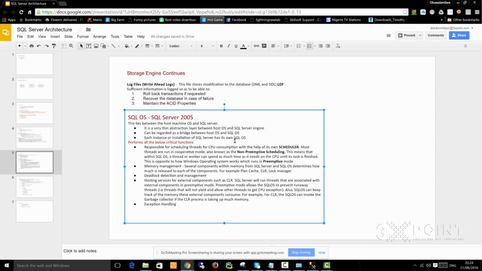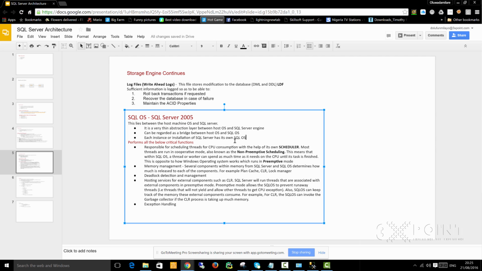So SQL Server has its own operating system. All right, we know what an operating system is, like we have Windows Server or a Linux operating system. The operating system manages all the threads and all the activities going on the system. Similarly, SQL Server has its own operating system that manages all the threads and CPU, workload and all those things that are happening.